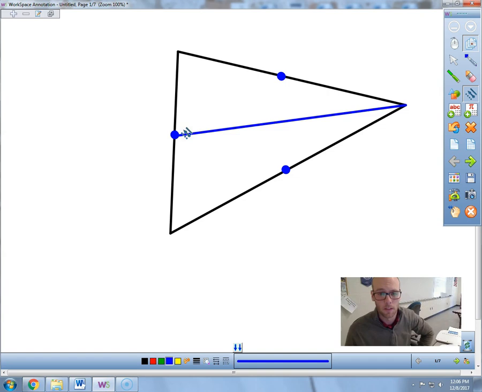Notice it's not a perpendicular bisector. It's not an angle bisector. This is called a median, and this is one of the medians of the triangle. So take your ruler, line it up, midpoint to opposite vertex, and draw that. I want you to do that for all three of them. Go ahead and pause the video.